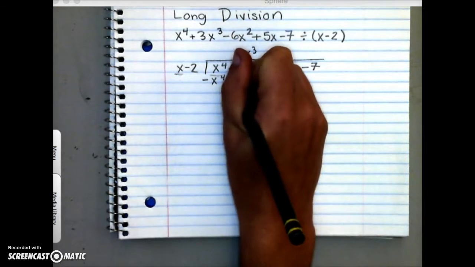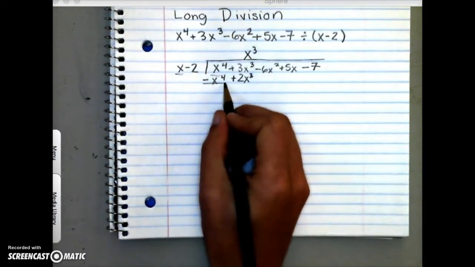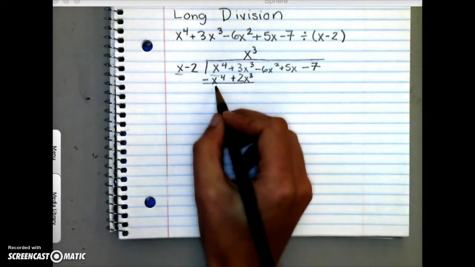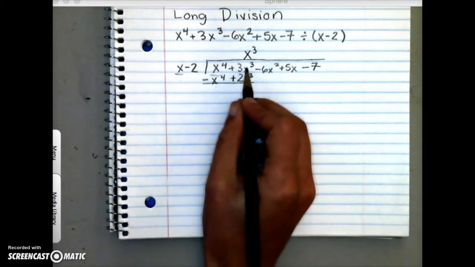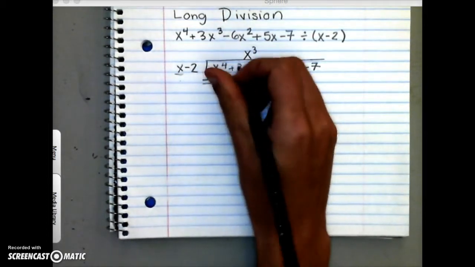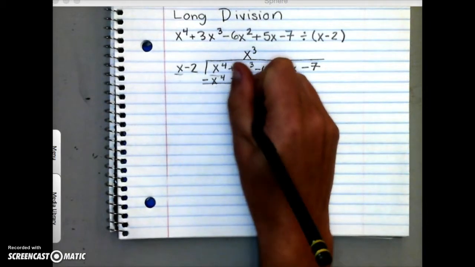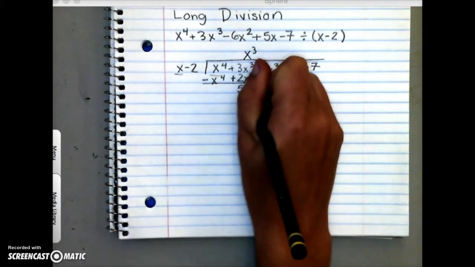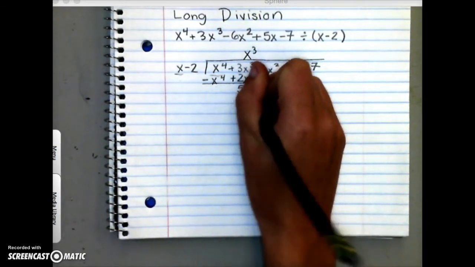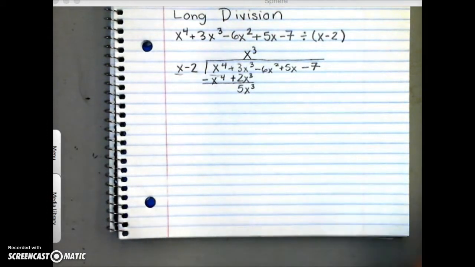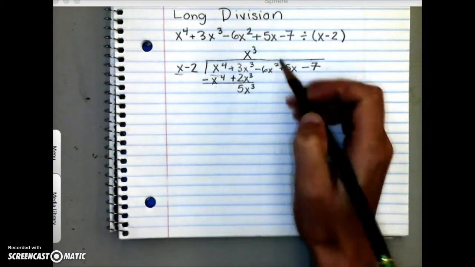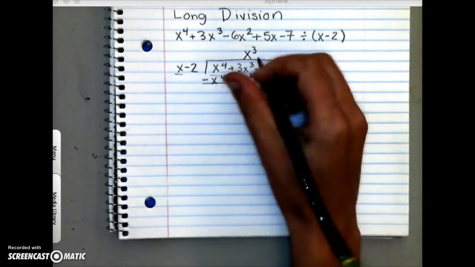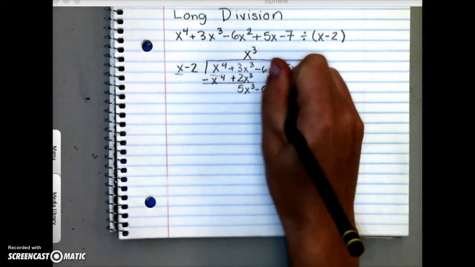So we're going to change the signs of both of these. Our x to the 4th cancel out. 3x cubed plus 2x cubed is going to be 5x cubed. And then I'm going to drop this down. Negative 6x squared.